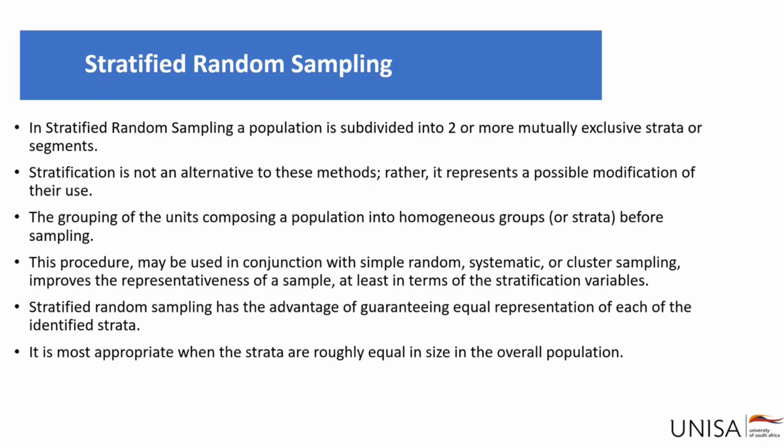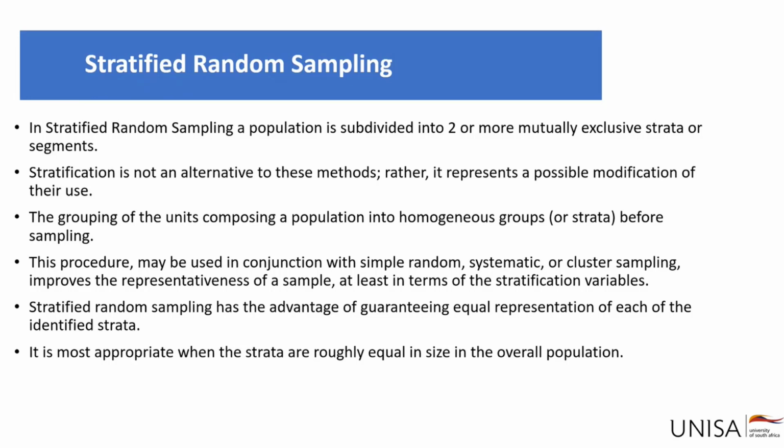So this procedure may be used in conjunction with simple random, systematic or cluster sampling. You can use this procedure in combination with the others, because this improves the representativeness of a sample, at least in terms of the stratification variable. So you look at what makes this community the way it is. You take those strata and you put them together. You are stratifying the population.